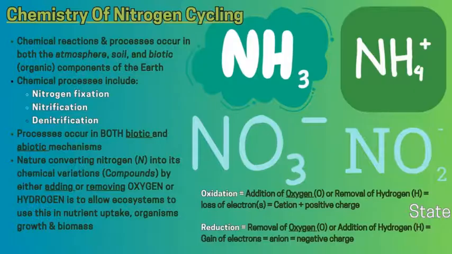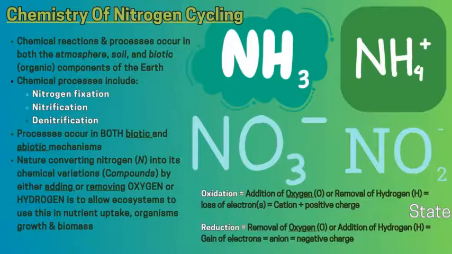In reverse, we also have a reduction chemical reaction or process whereby the nitrogen compound is removing an oxygen or adding a hydrogen, which would then gain electrons, which will make it an anion, or negative charge, because you're adding more free electrons to the nitrogen compound, and that would make more electrons versus protons, making it a negative charge. So the chemistry of nitrogen is fascinating in how it changes between organic nitrogen and inorganic nitrogen.